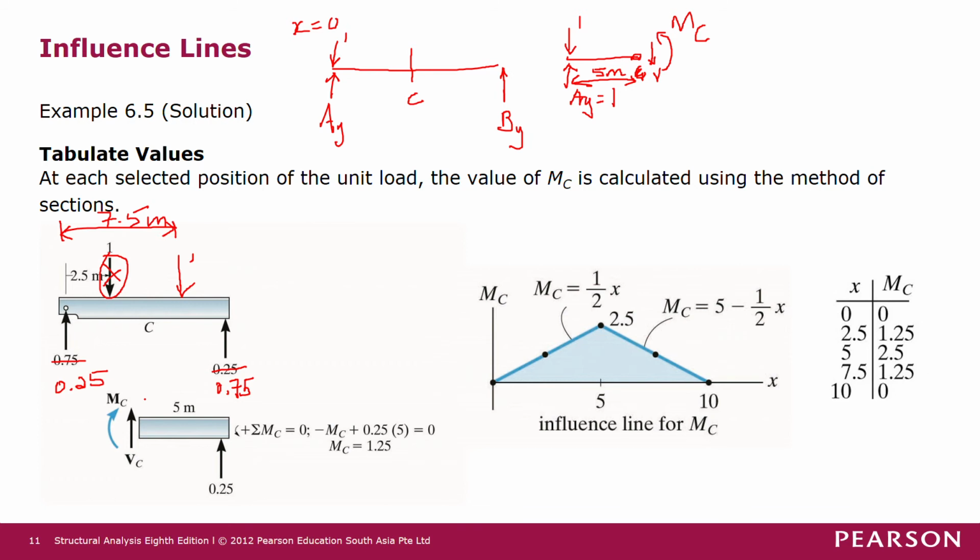Okay, so in this case, it's easier if we cut across section C here and isolate this part as the free body diagram, because the 1 unit force does not appear there. So we just take this part of the structure as a free body diagram instead of taking this part.